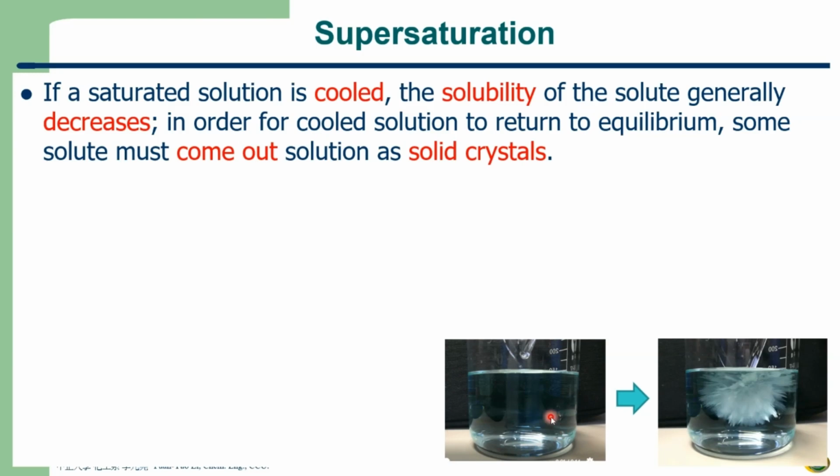If I decrease the temperature, the solubility decreases, so some of the solid will come out. It depends on the speed of the temperature decrease and the speed of the solid coming out. Which one is faster? If the temperature decrease is faster, the solid crystal cannot form that fast. At this moment, we call this situation supersaturation.